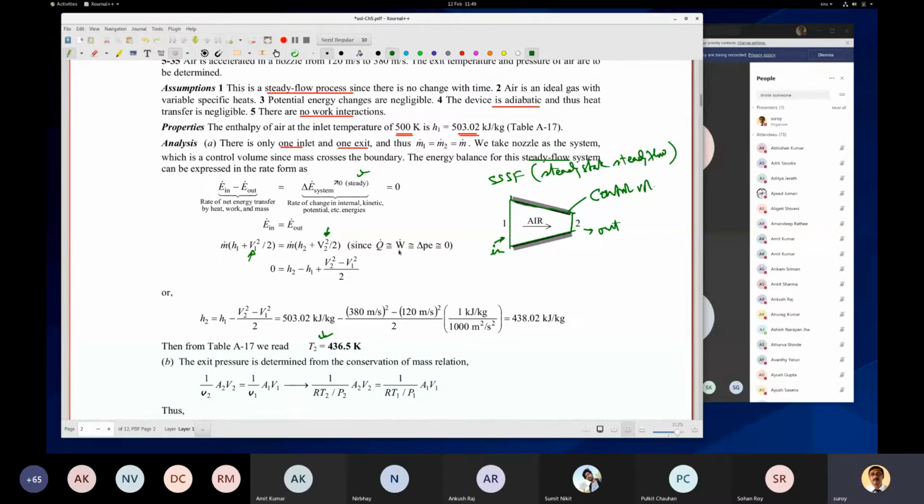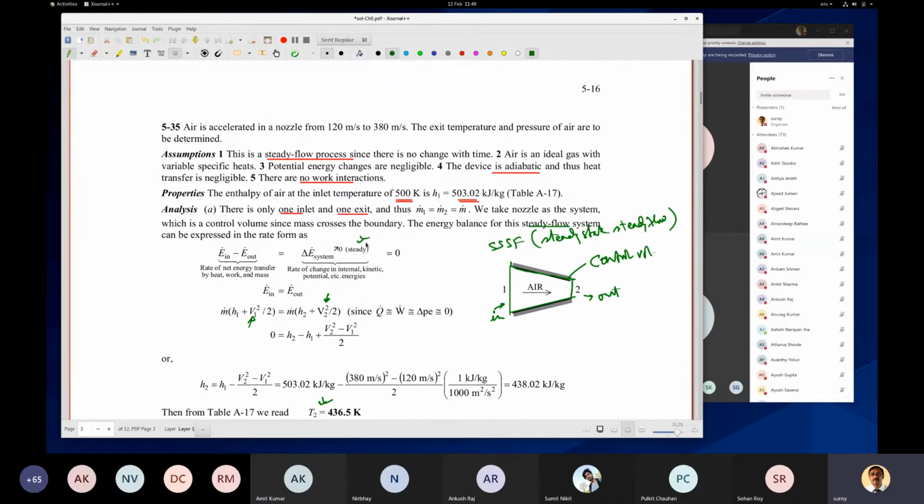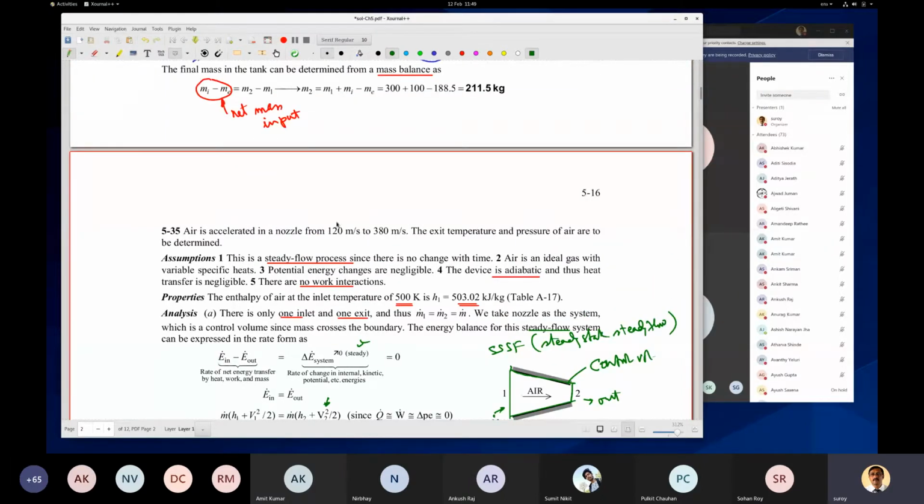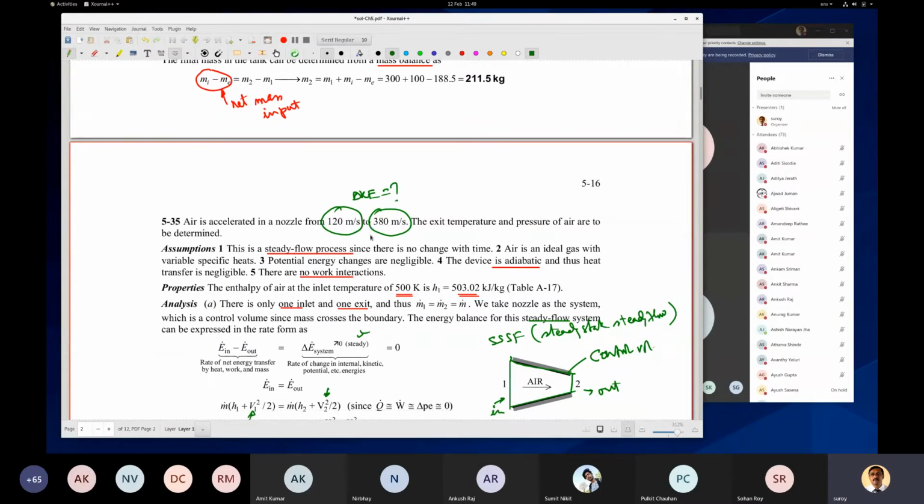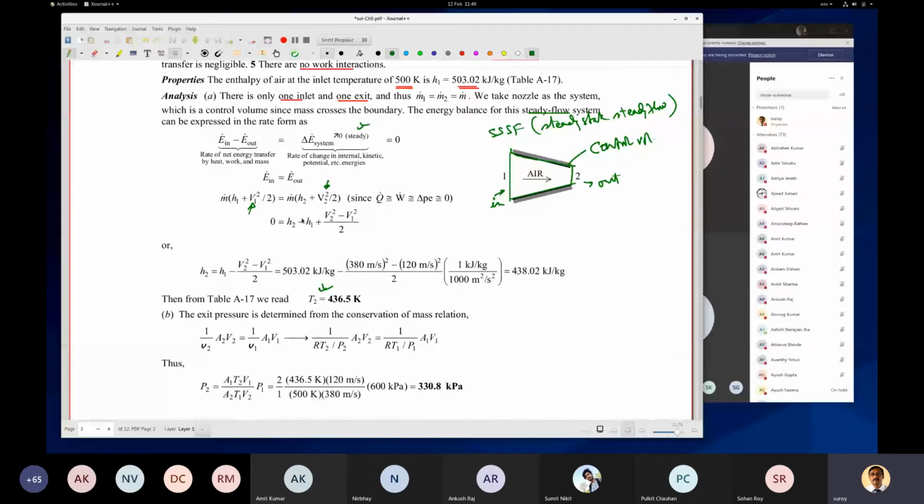So this way we are able to calculate this. So there is a change in velocity, nozzle from 120 meters per second to 380. So the enthalpy change and kinetic energy change together is zero, right?